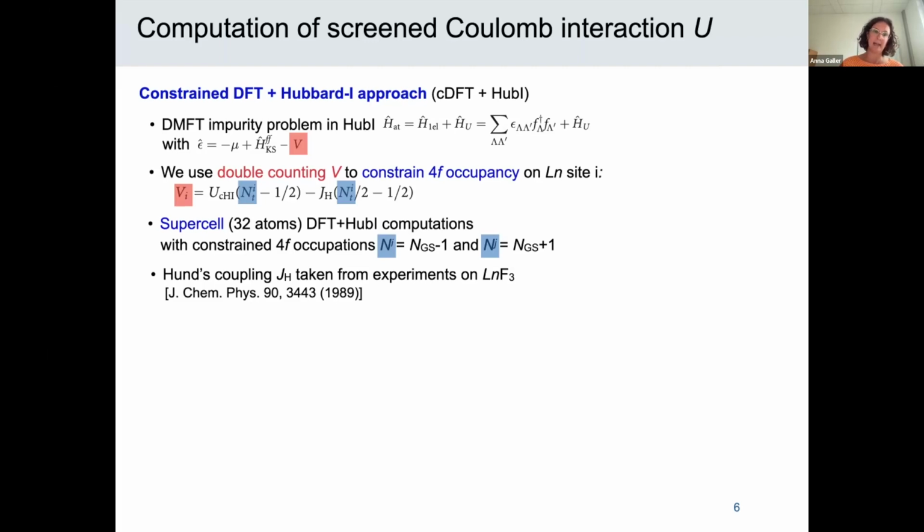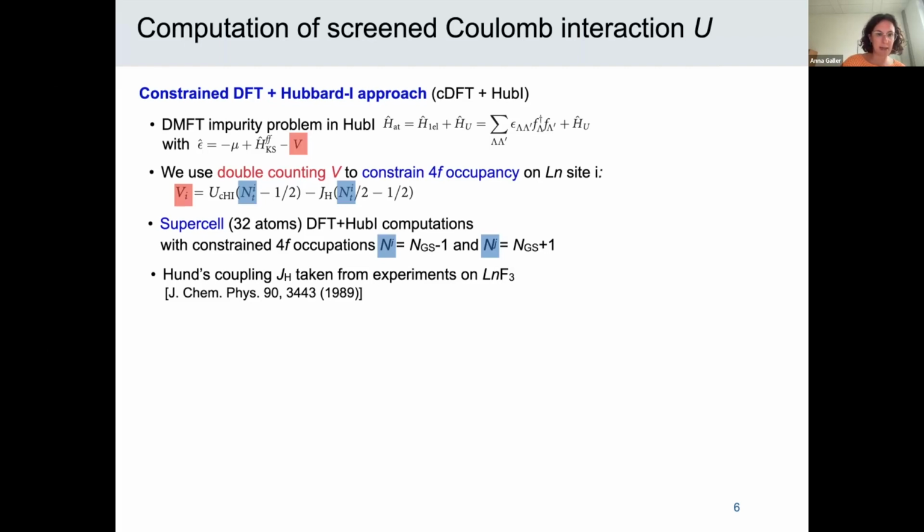And the single electron levels consist of the chemical potential plus the Kohn-Sham Hamiltonian projected onto the 4f shell minus a double counting correction V. And in this CDFT plus Hubbard-1 approach, we use this double counting correction V as a parameter in order to fix, or better to constrain, the 4f occupancy on certain rare earth sites.